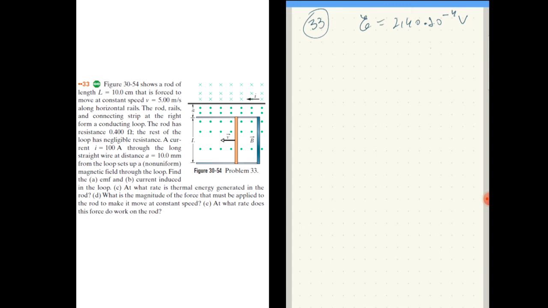And you may use this equation right over here. Actually, it's Ohm's law, and the data I think you have. This is the voltage.